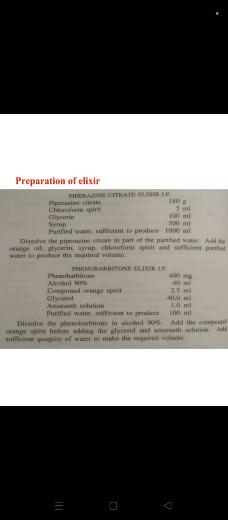Ingredients include phenobarbital 400 mg, alcohol 90% 40 ml, compound orange spirit 2.5 ml, glycerol 40.0 ml, amaranth solution 1.0 ml, and purified water sufficient to produce 100 ml. Dissolve the phenobarbital in alcohol 90%. Add the compound orange spirit before adding the glycerol and amaranth solution. Add sufficient quantity of water to make the required volume.